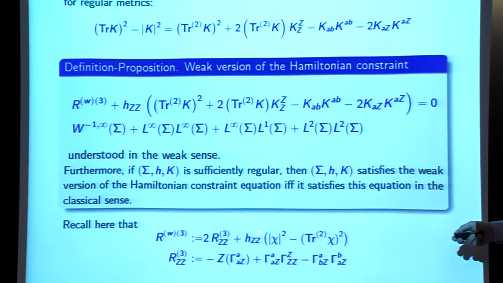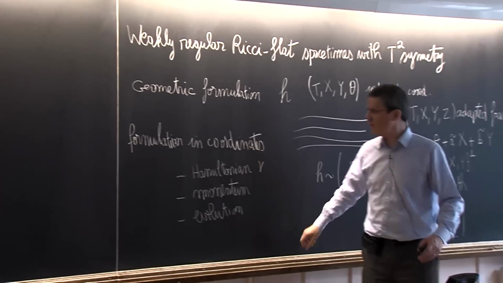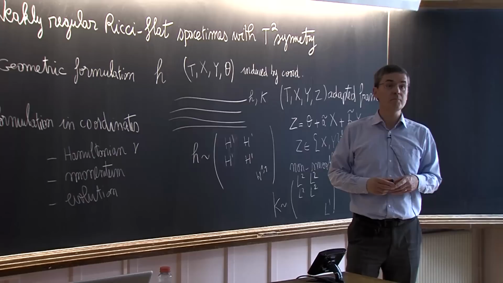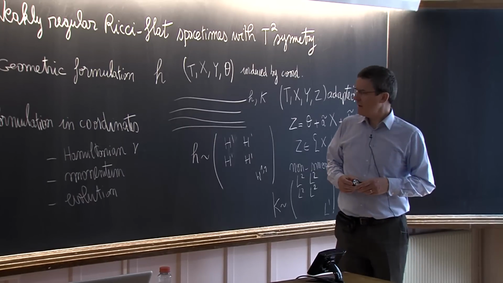I mean, the expression is given by that, which was on the previous screen, and RZZ3 was given by that on even the screen before. Okay, so we are done for this. Right? We have our statement in a weak sense at a very low regularity level.